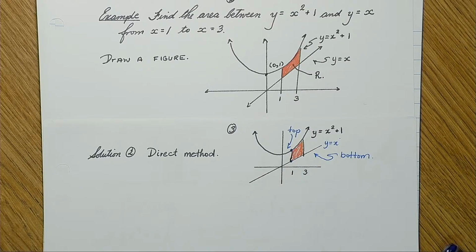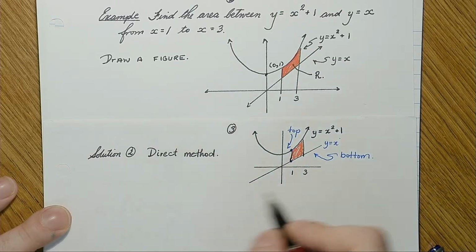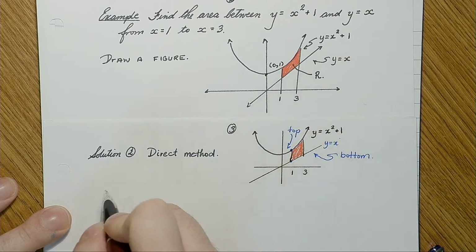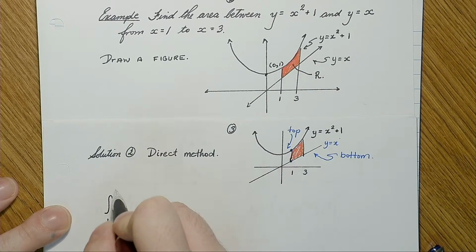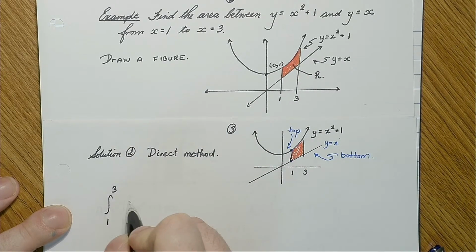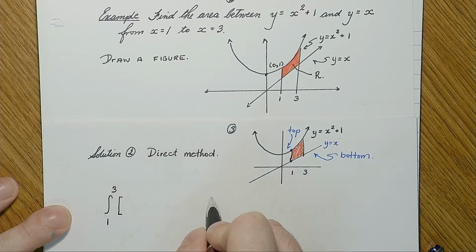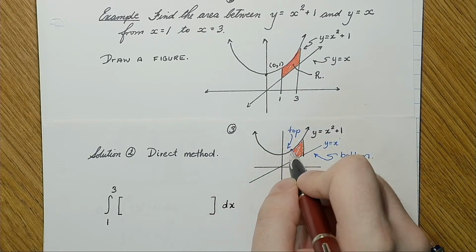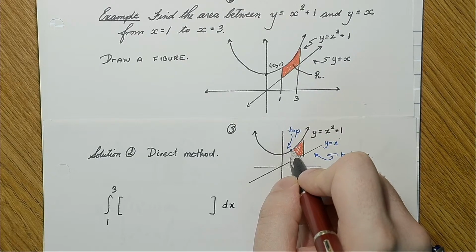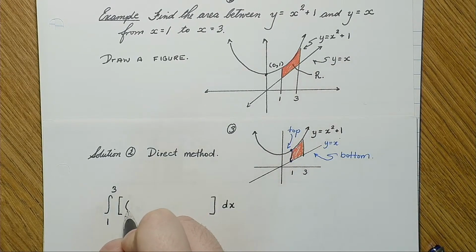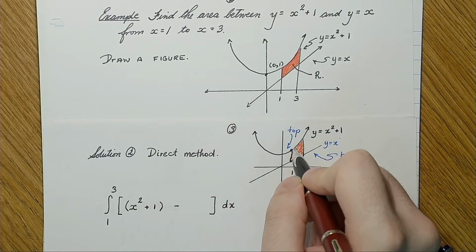So if we're going to integrate that, we know we're going from 1 to 3. I'm going to write my brackets here, dx. In this case, it's always going to be the top function, x squared plus 1, and we're going to subtract.